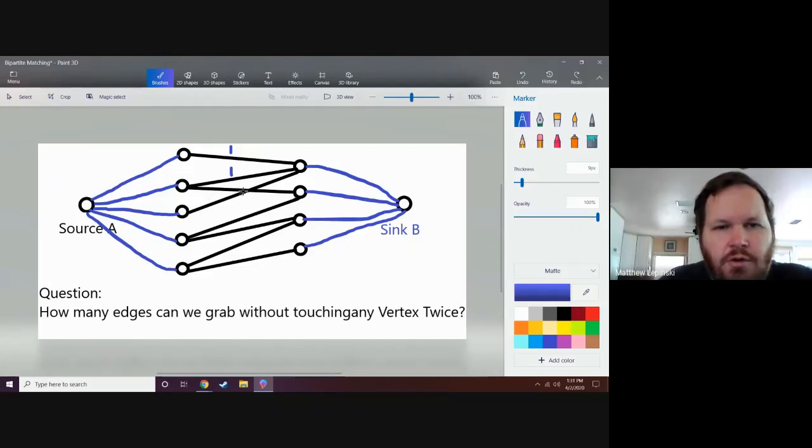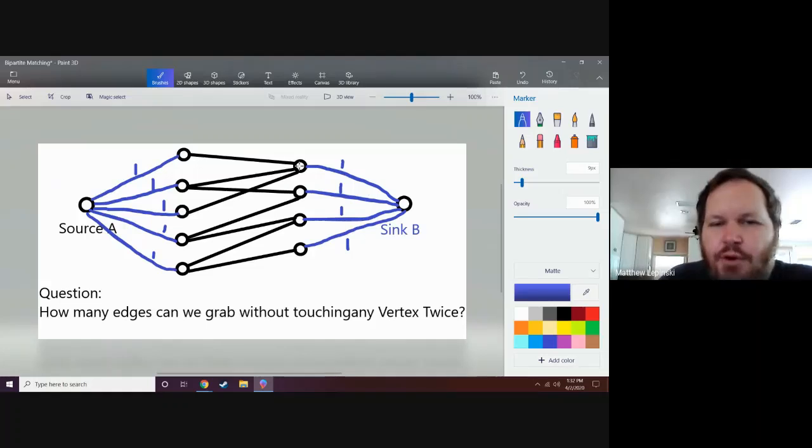What this capacity 1 does is it says I can only use each type A person once, because each type A person can only get 1 unit of flow.